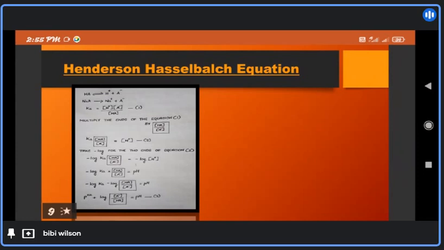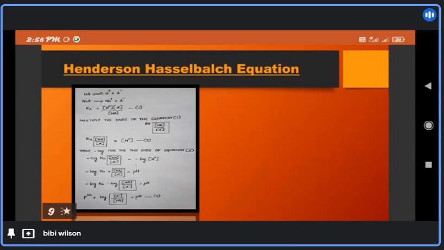Now multiply both sides of equation 1 by the concentration of HA divided by the concentration of A-. Then the equation becomes Ka times the concentration of HA divided by the concentration of A- equals the concentration of H+.